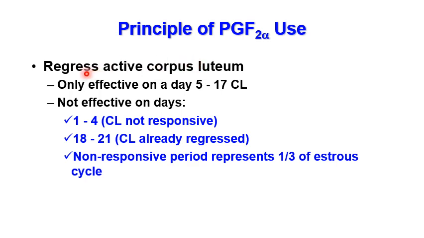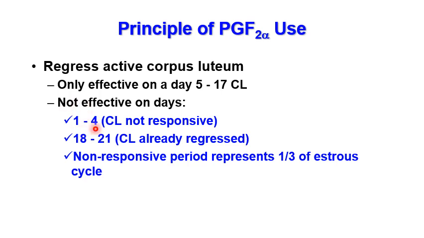It is very important to note that in cattle, the PGF2 alpha is only effective on day 5 to 17 of the CL, or day 5 to 17 of the estrous cycle. Of course, the estrous cycle of cattle is 21 days. So this is not effective on the following days.